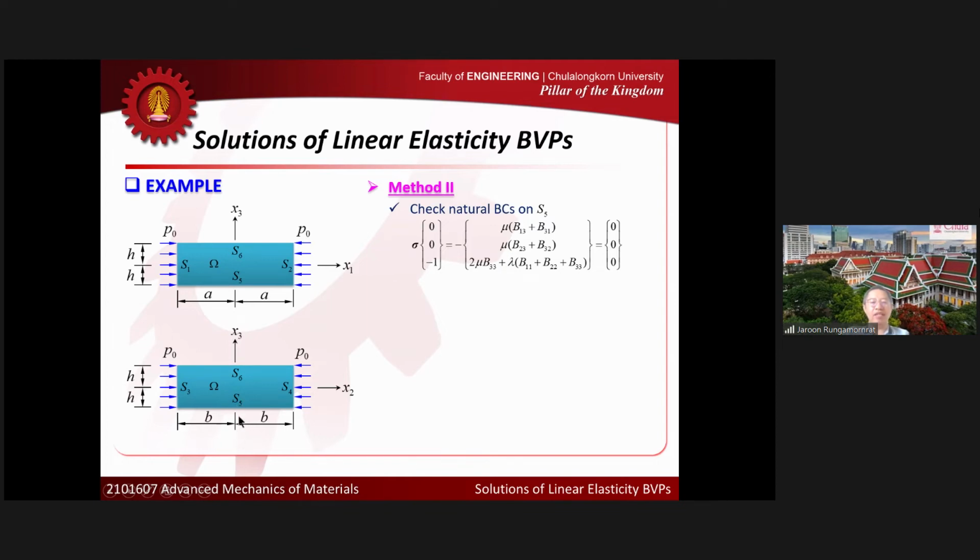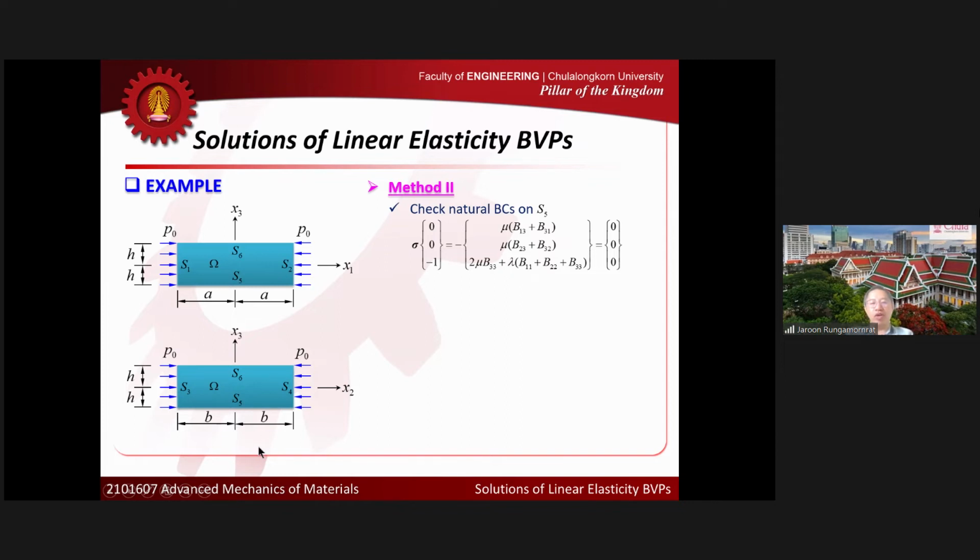So n is simply 0, 0, -1, right? And then when you multiply stress by that normal vector, you end up with this. Again, you set this equal to the prescribed condition on the surface S5. The surface S5 is traction free.